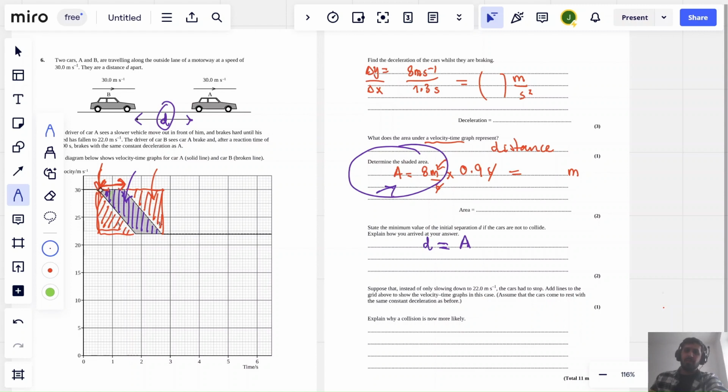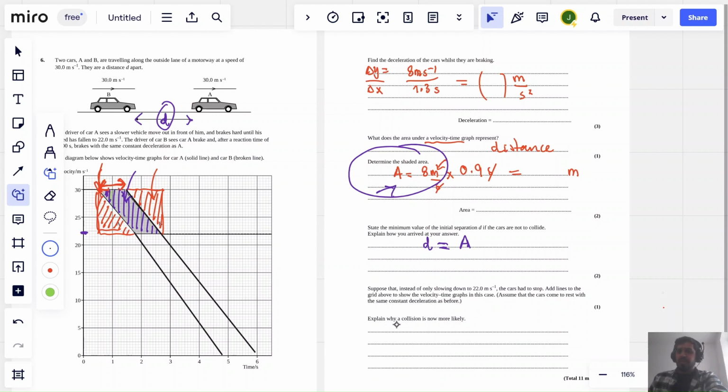Now they have only slowed down to about this velocity, which is about 22. If you want them to stop completely, they must keep on decelerating with the same constant deceleration, which means you don't have to change the slope of the line. So it will be the same line like this.